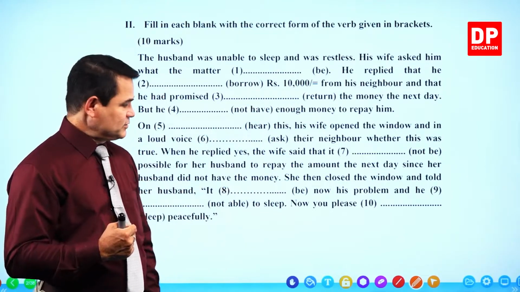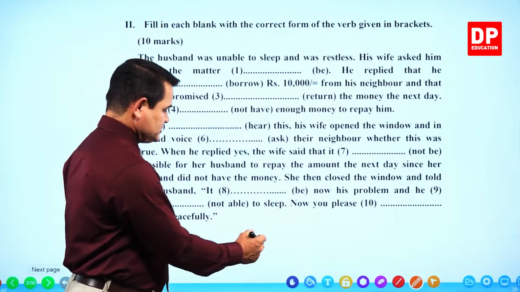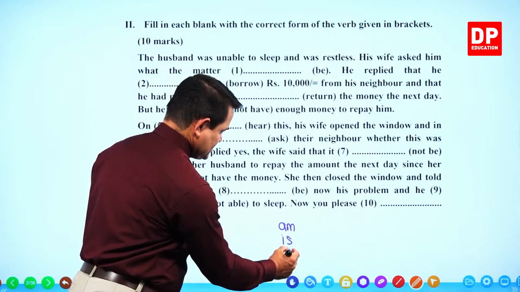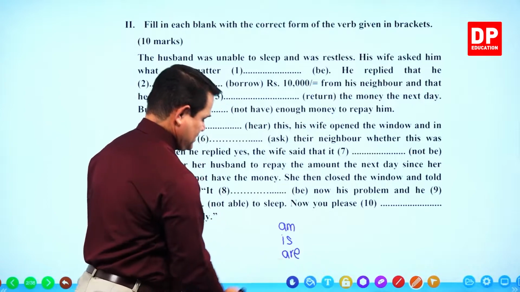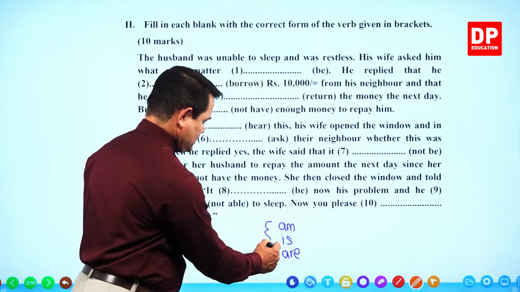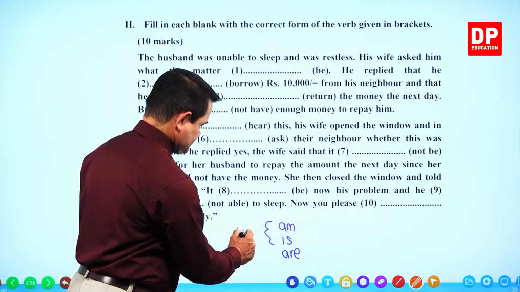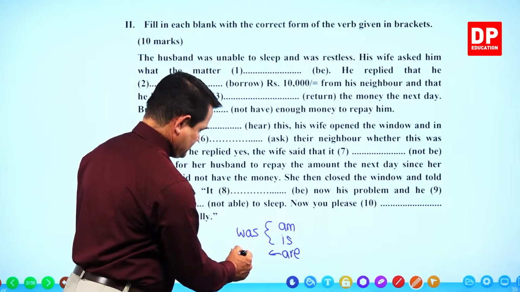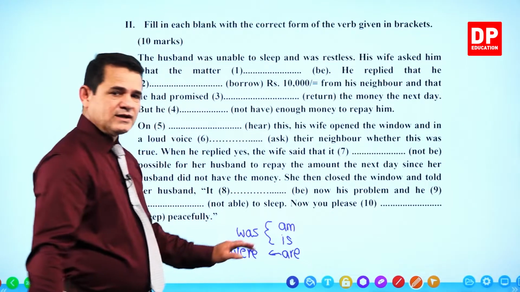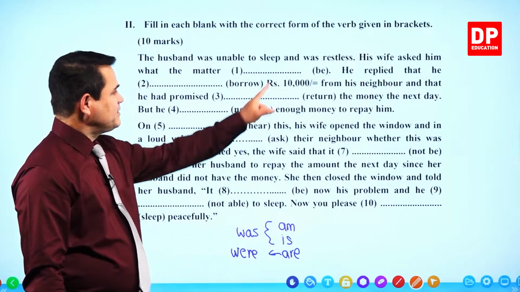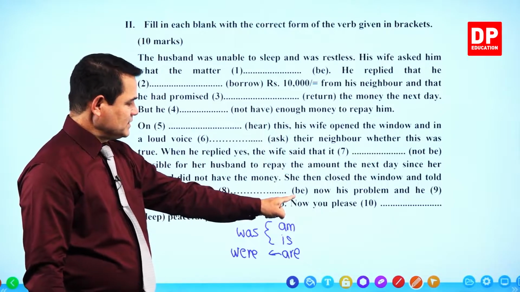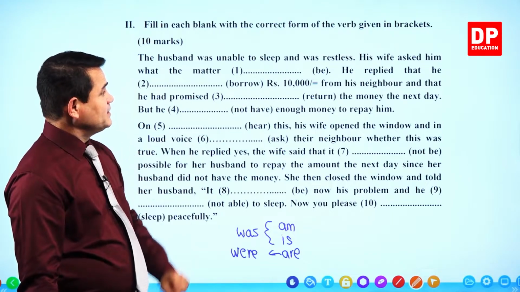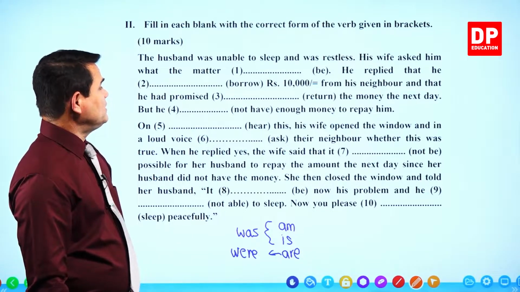For be verb you can use am, is, are, or the past form was, and the past tense of are is were. You can use any of these. One of these is what comes here, since it is a be verb. So you should have an idea about it, right? So then his wife asked him what the matter.